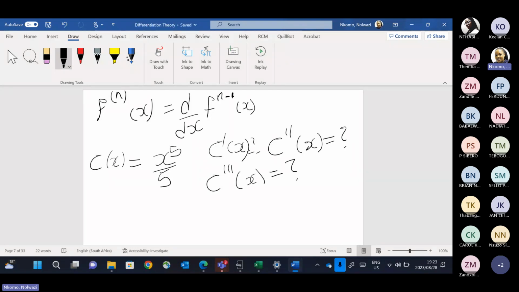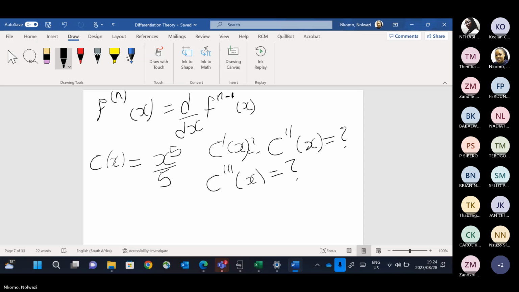Doesn't matter, the power rule is always the same, no matter which order of the derivative we are asked to find. Again, the chain rule, the quotient rule, the product rule, they are all the same. The only thing that is different is just the order of derivative, like how many times you are asked to differentiate that function.